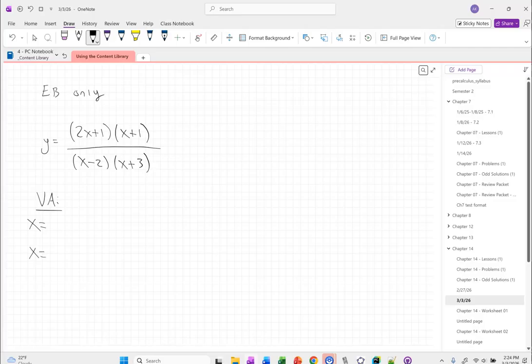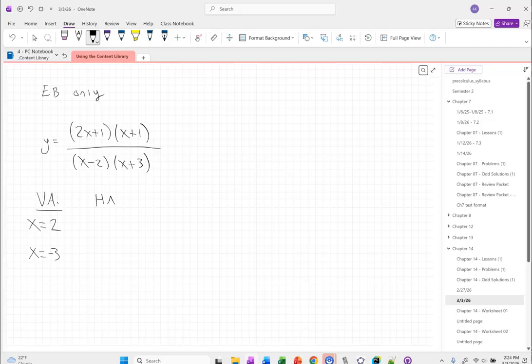X plus 2, X minus 3. X equals negative 2 and X equals 3. Just set the denominator equal to 0 and solve. Is everybody okay there? It's always going to be only the denominator, as long as it's reduced. Reduced denominator, we should say, but we just mentioned that there's no reducing.